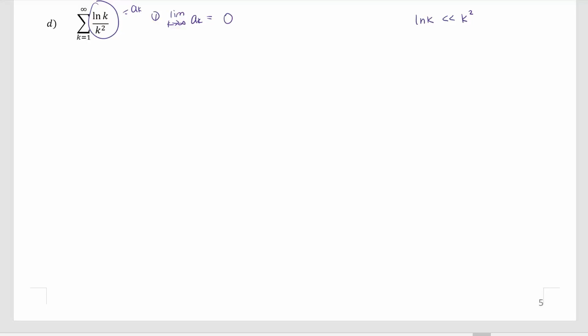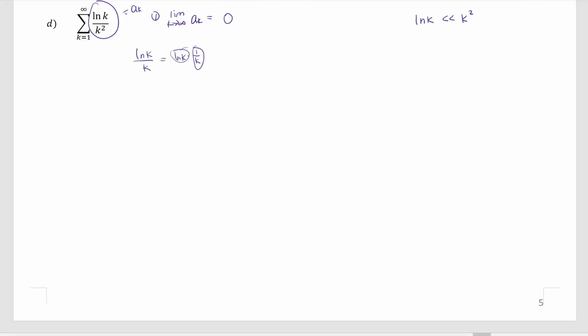And second step, when you look at this series, if you see ln of k over k, you can think, oh, this is like ln of k times 1 over k. 1 over k is the derivative of ln of k, so you can use the integral test.